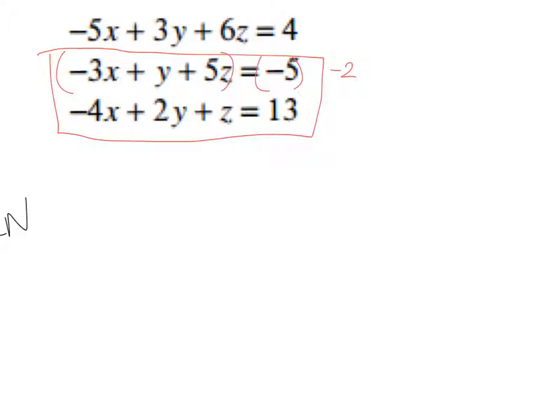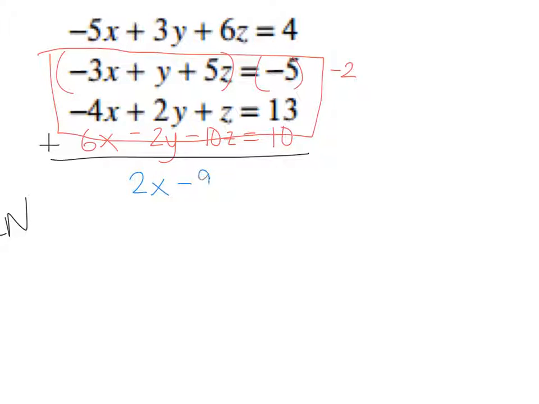So it's going to be positive 6x minus 2y minus 10z equals 10. I can add these two together and I get a new equation that the y's are gone. So it's going to be 2x minus 9z equals 23.